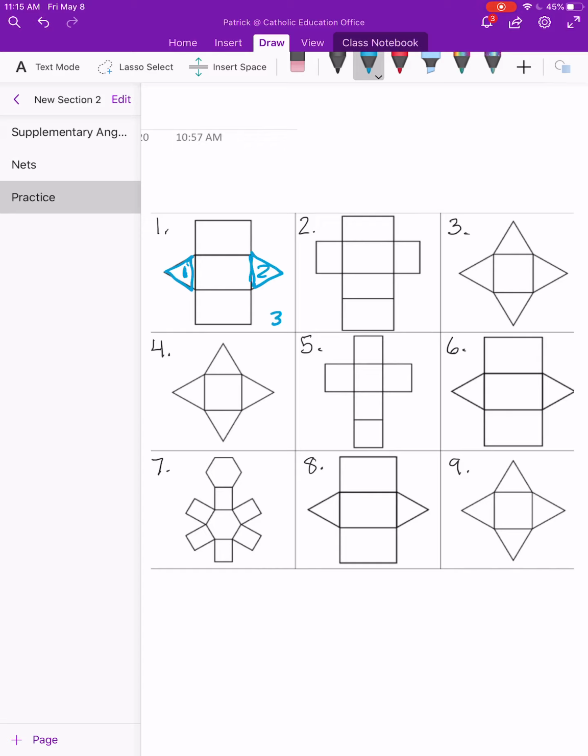That means in order for this to be a prism, I have my 2 bases that are the same, and the base has 3 sides on it, which means it's got to be 1, 2, 3 rectangles. So this would be a triangular prism.